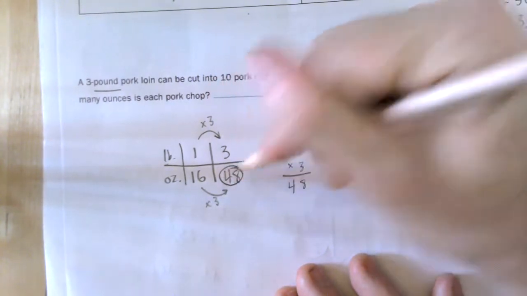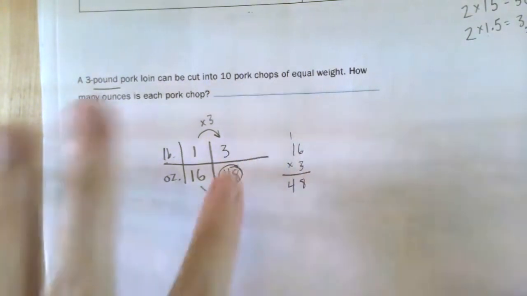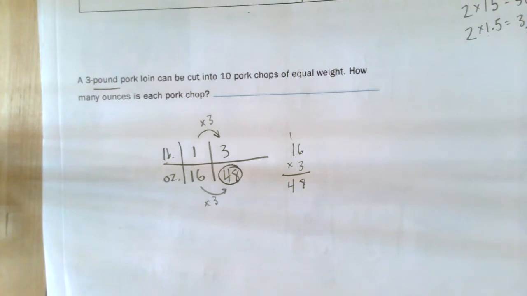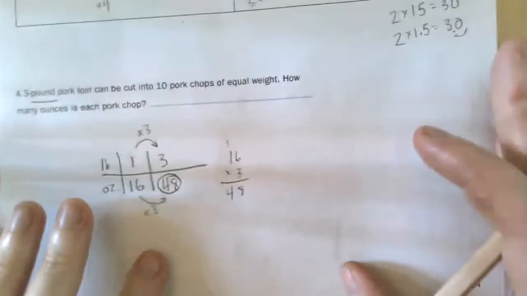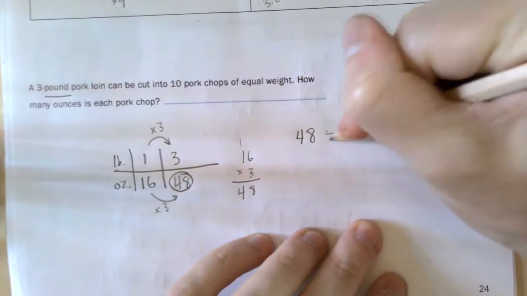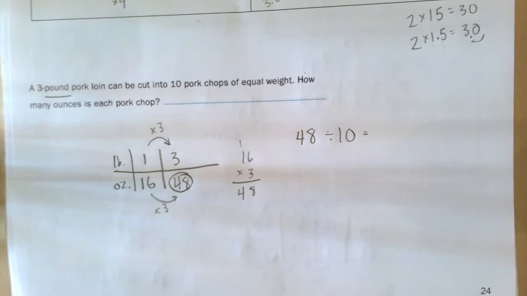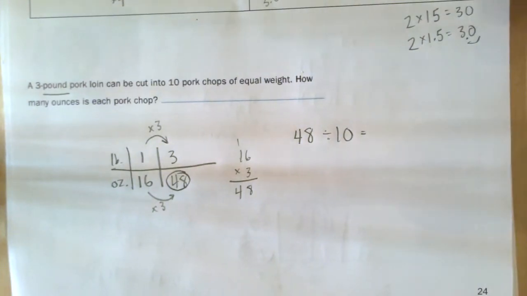Now, we're not done yet, because that's how many total ounces we have. We have 48 total ounces. We want to cut those 48 total ounces into 10 equal pieces, which would be like division. We're going to do 48 divided by 10. Maybe we haven't done powers of 10. Some of you have done powers of 10 before.